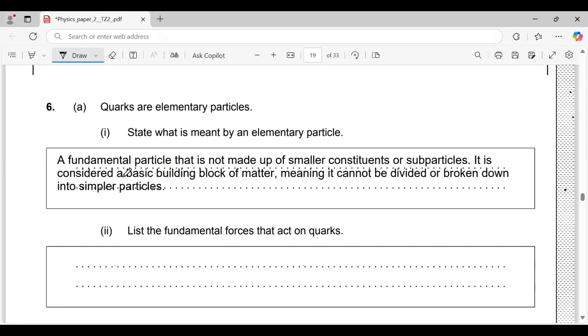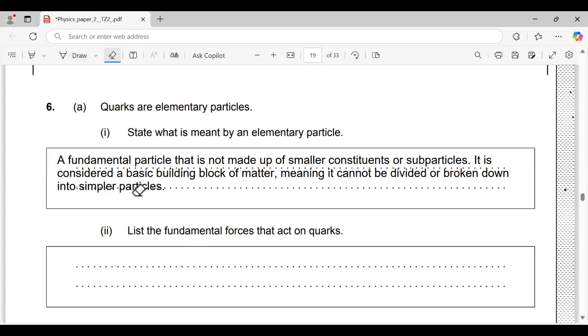It is considered a basic building block of matter. It means it cannot be divided or broken down into simpler particles anymore. So that's my understanding of an elementary particle.